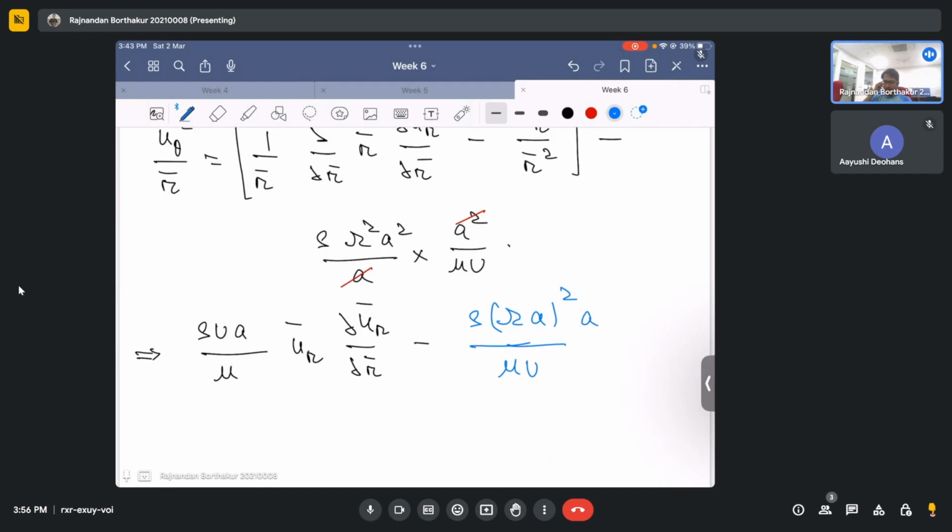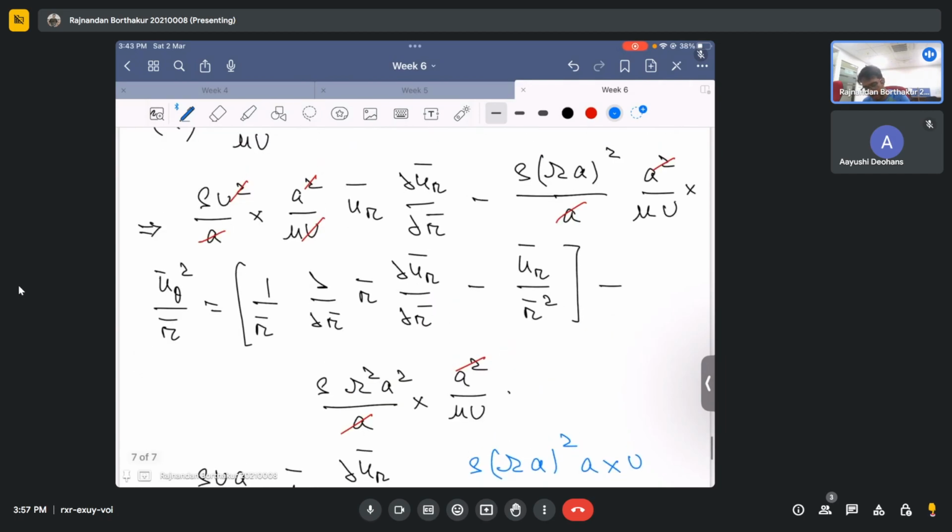So what I will do is multiply by u here, and I will also divide by u, so this becomes u squared. I think you understood that.